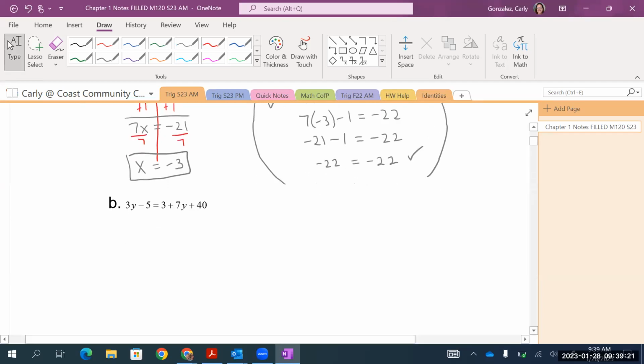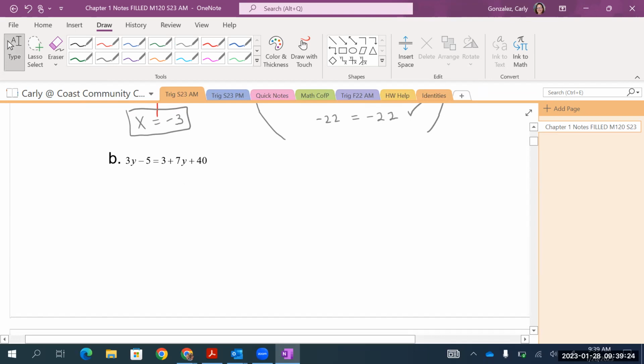Okay, now we have a little bit more complicated linear equation. We have 3y minus 5 equals 3 plus 7y plus 40. Now, we need to first see if we can simplify either side of the equation. On the left-hand side, we have 3y minus 5. Those are not like terms since the 3 has a y with it, but the negative 5 does not.